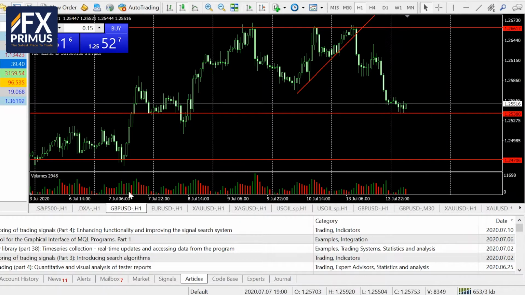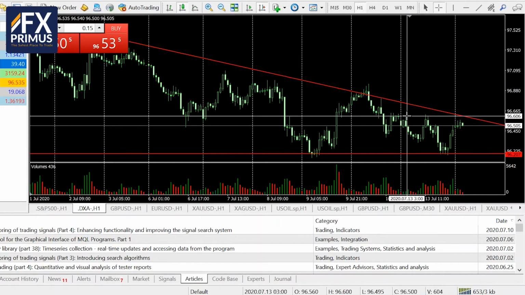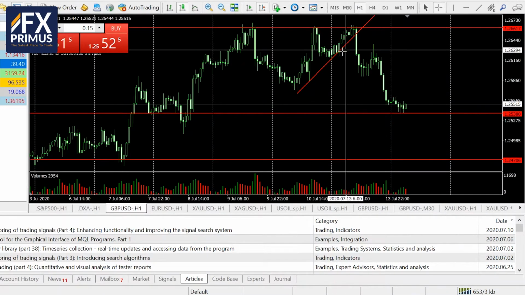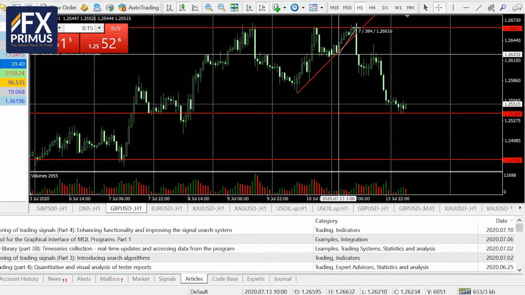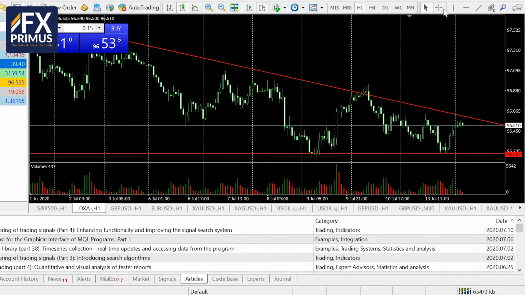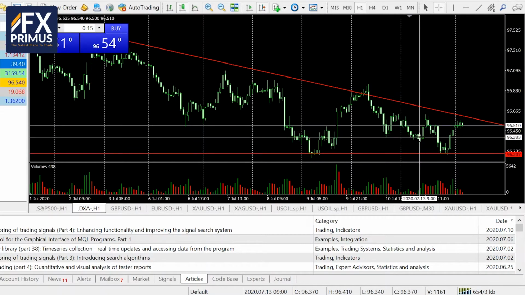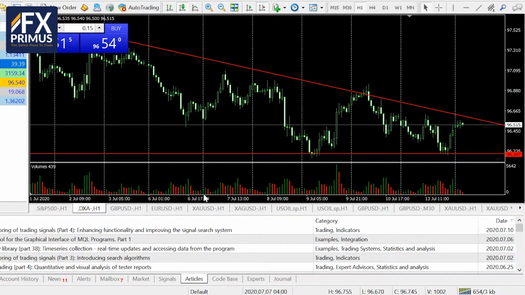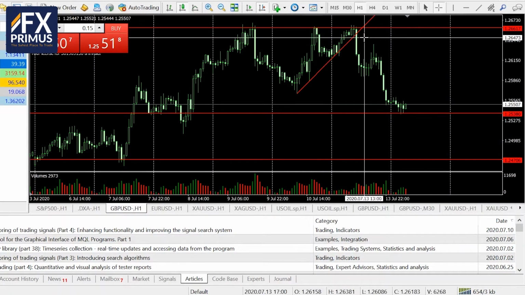So let us have a look at the UK pound. As the US dollar was weak in the Asian trading session, we can see that the UK pound was moving up, about 40 pips, and then as the UK trading session came into play and the US dollar strengthened, we do see the UK pound weakening.